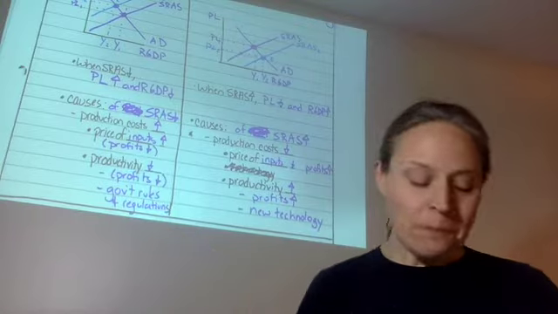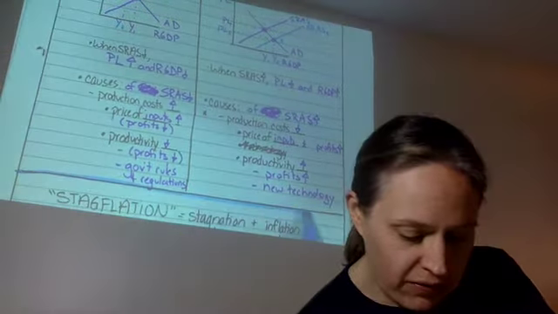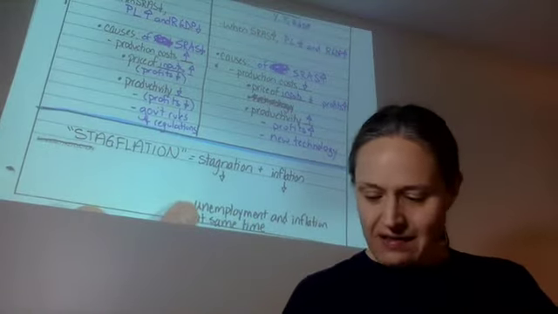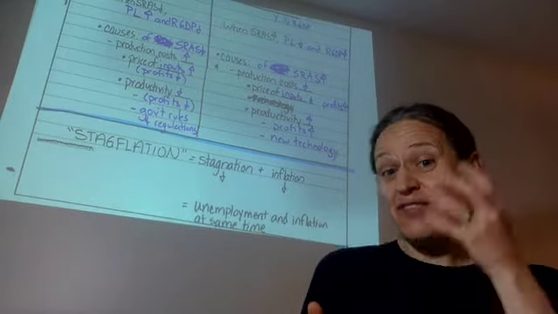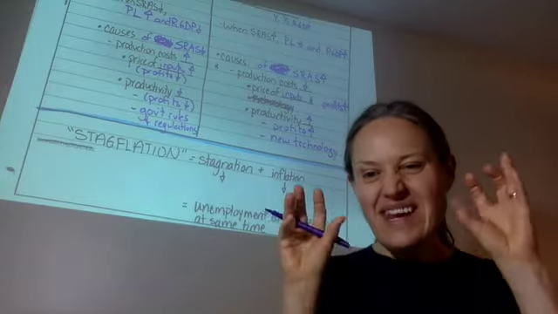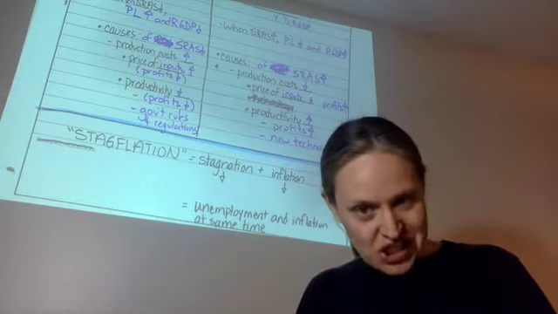All right, so this is kind of a different little topic down here, stagflation. It's called stagflation because it's this combination of stagnation plus inflation. Now, if something is stagnant, it's not moving, it's not changing.